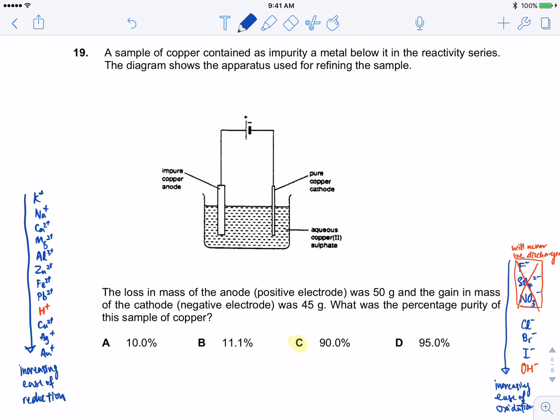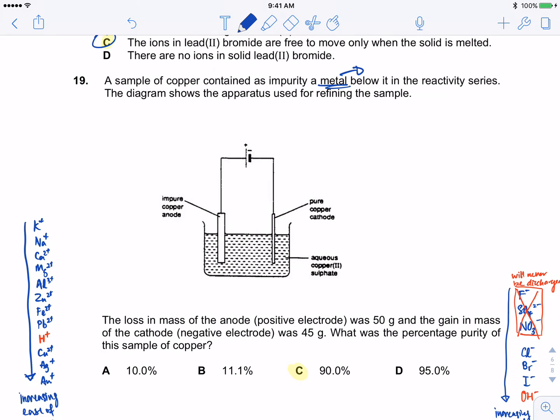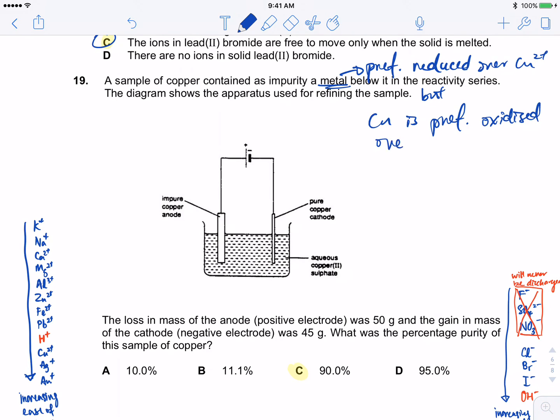What it's saying is that this copper has an impurity, and that impurity is a metal that's below it in the reactivity series, meaning that this metal should be preferentially reduced over Cu, but Cu is preferentially oxidized over this metal.